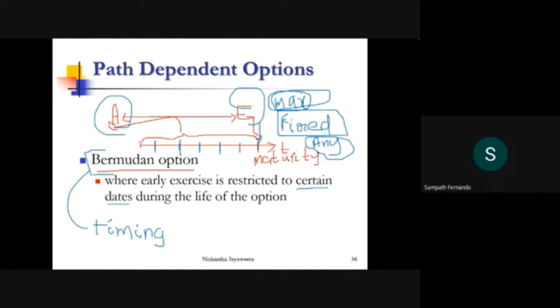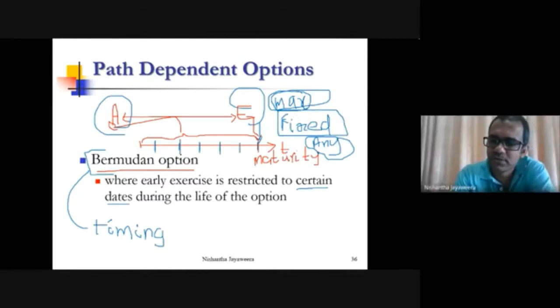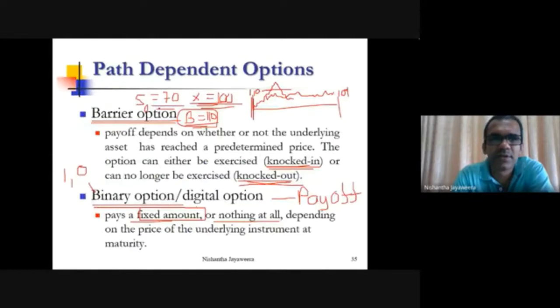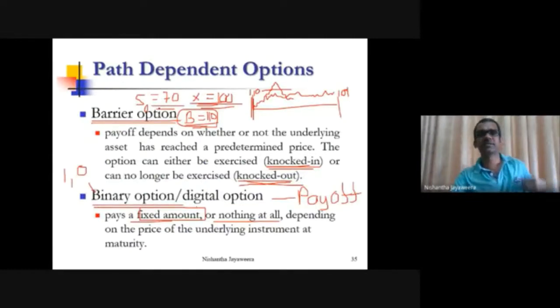Sir, can you explain that knocked out again? Knockout. So, take the barrier option I explained here, say a call option. At the time of entering into the contract, spot price is 70, strike price is 100.